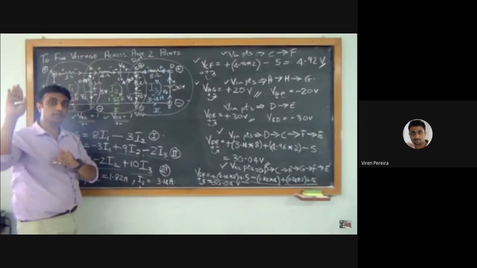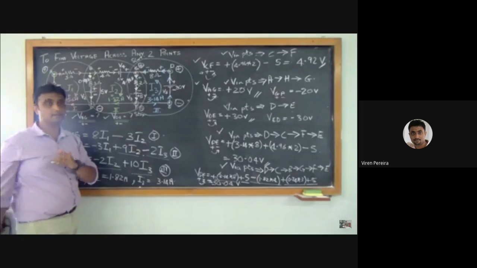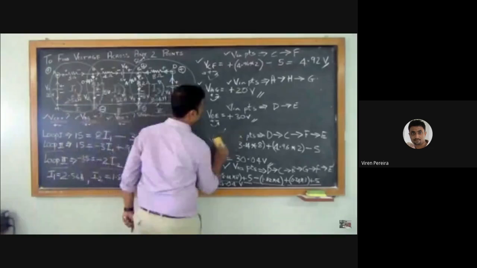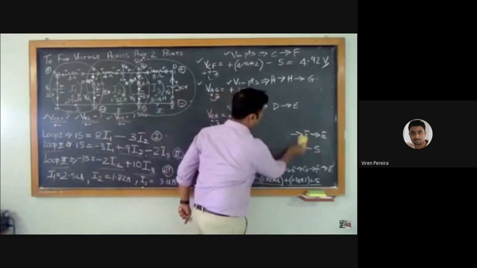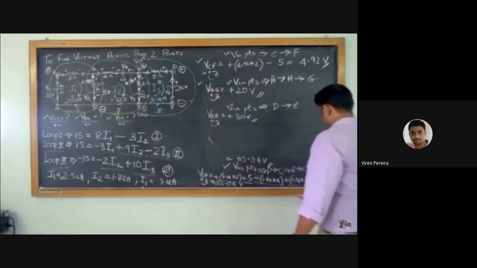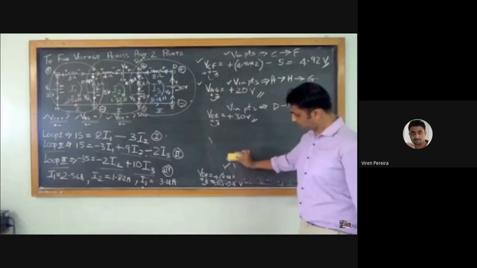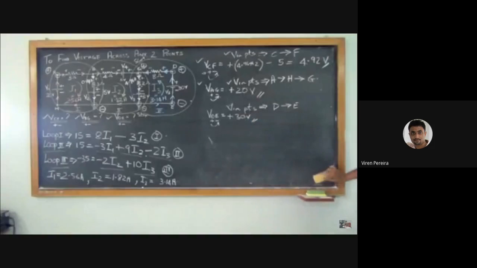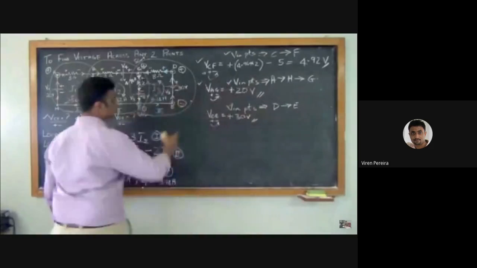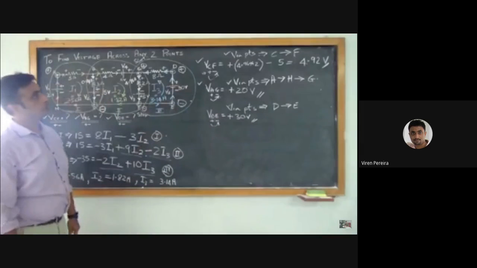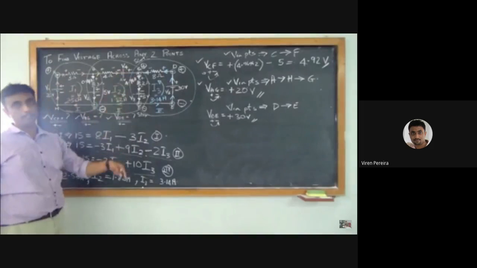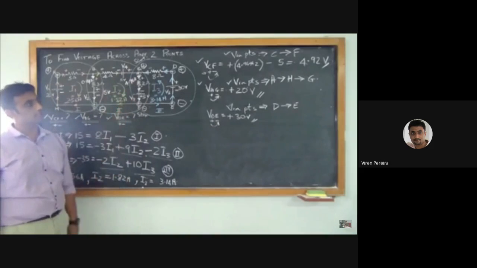Always refer to the multimeter side as well. So now I'll just run this long method, so I can easily find out the voltages through any points from this.